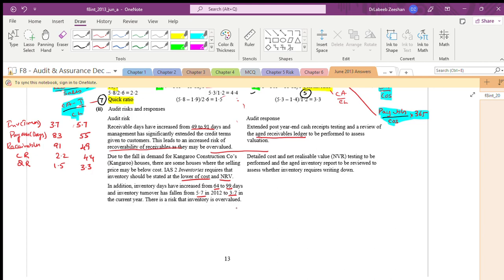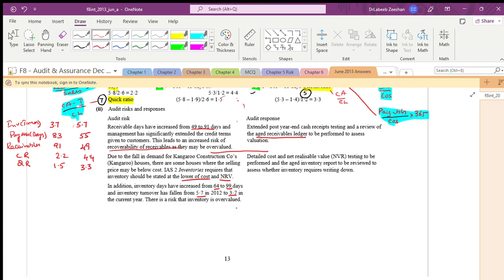Now see, you are not selling on time, and the number of days has been increased. You can write only one; no need to write two. Don't waste time. That the inventory number of days has been increased from 64 to 99 days, there is a risk that inventory is overvalued.